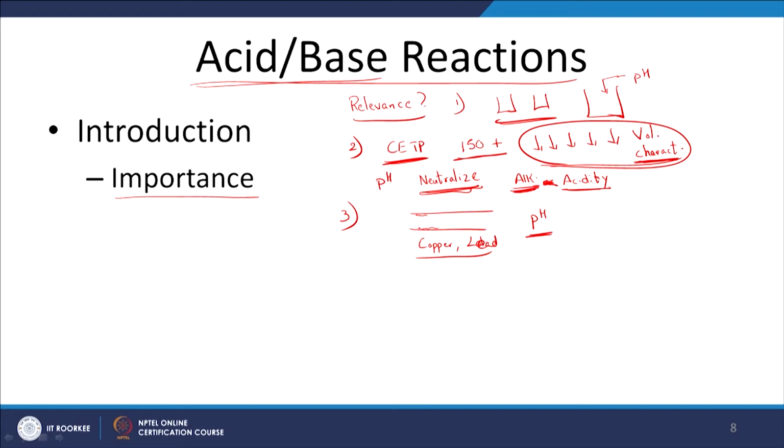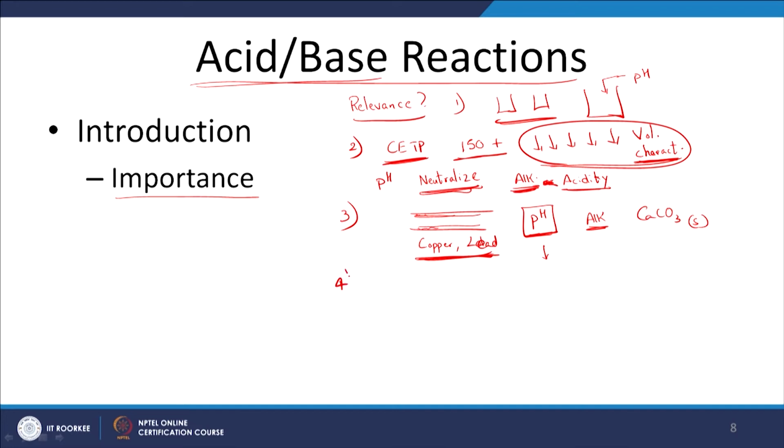Either to form a protective layer above this particular surface, right? If there is certain alkalinity in your particular system, you can form a protective layer with the calcium carbonate precipitate. For that you need to look at the pH, or by adjusting the pH itself you can lessen the kinetics with respect to the corrosion of copper and lead, right? This is one other practical example.